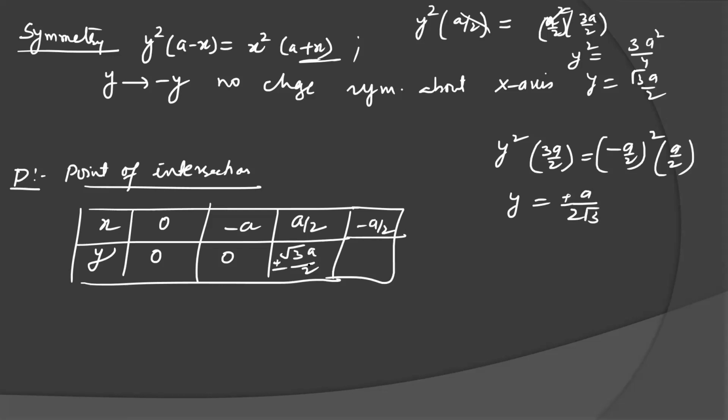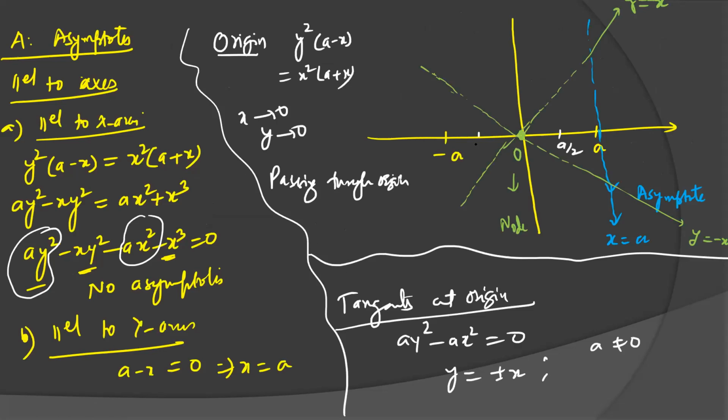Due to symmetry, I am not taking the plus minus sign because the curve is symmetric about the x-axis. See, this is your minus a, this is your plus a, and this is your minus a. This is your a by 2, this is your root 3 a by 2, and this is your a by 2 root 3, because a by 2 root 3 is less than a by 2, which is less than root 3 a by 2, which is less than a.